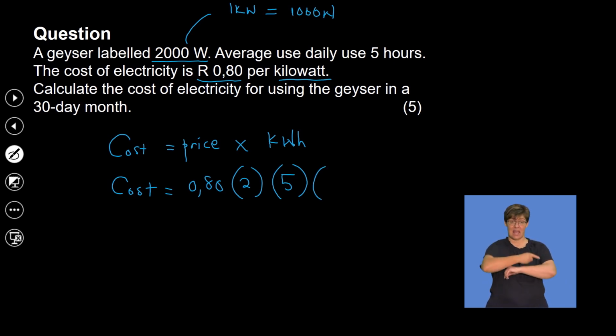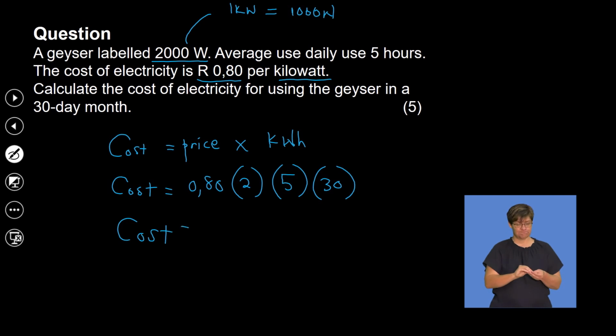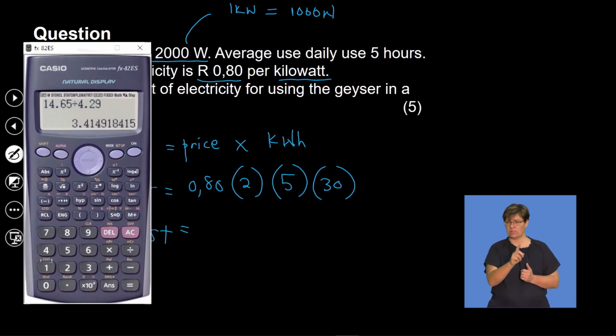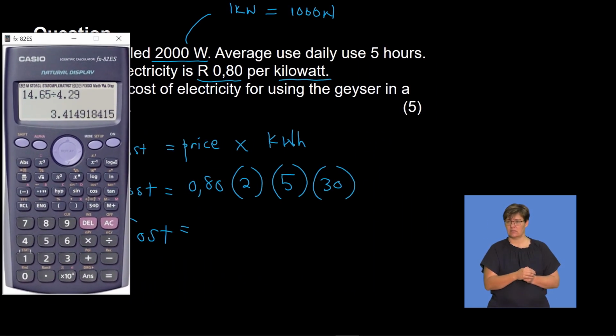If per day is 5 hours, then in a 30-day month we multiply by 30. So our cost becomes, on the calculator, 0.8 multiplied by the 2 kilowatts, which comes from the 2,000 watts, multiplied by the 5 hours used per day, and then by 30 days.